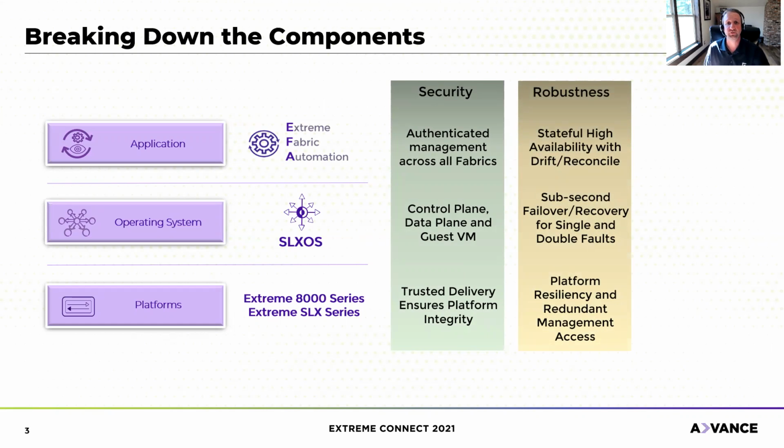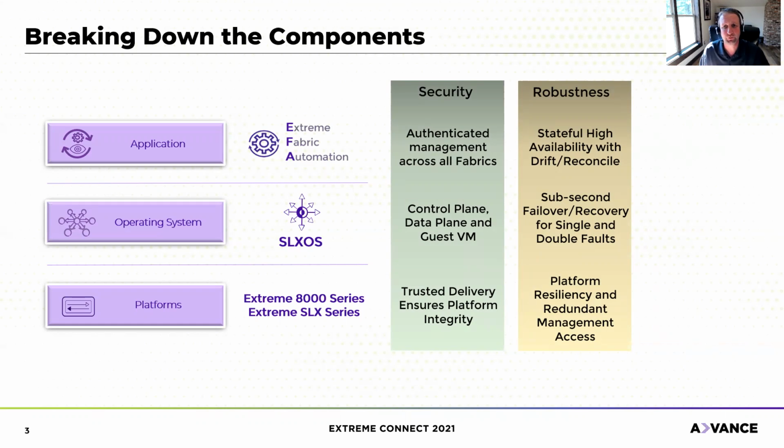Next is robustness. So what does that mean, robustness? Robustness is really how resilient is this infrastructure? So as you can see in all these different areas with Extreme Fabric Automation, it's all about stateful high availability. We have a concept of drift and reconciliation so that if anything happens within the fabric, any kind of parameter changes, we continuously monitor and validate those configurations and we reconcile them.